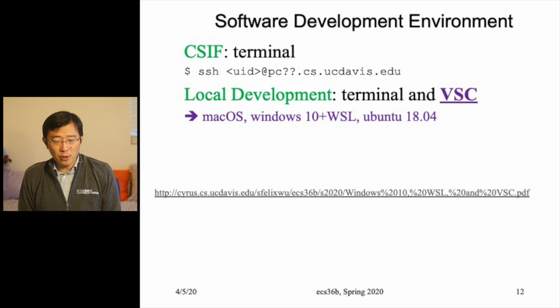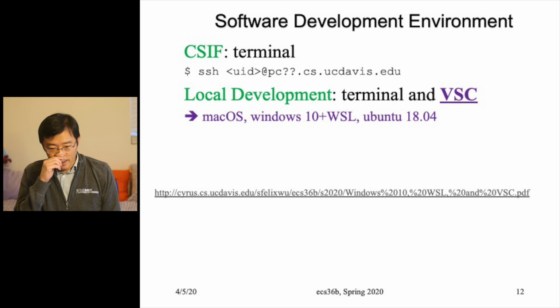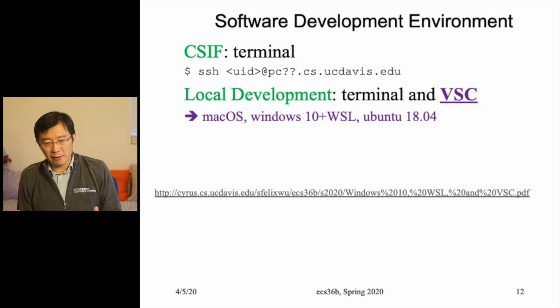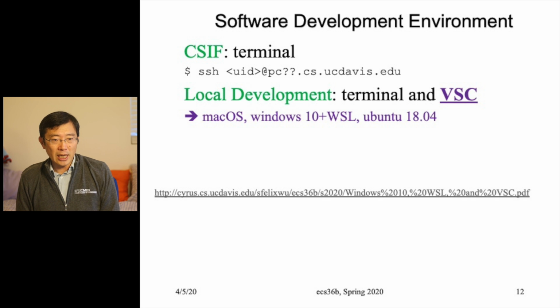So if you use local development, you can actually start using Visual Studio Code and integrate it. Of course, if you're using Mac OS and Ubuntu, you shouldn't have any problem. But if you're using Windows 10, I wrote a report.